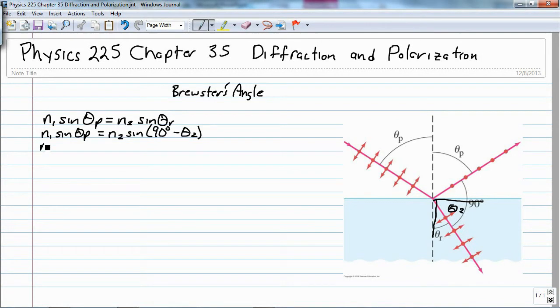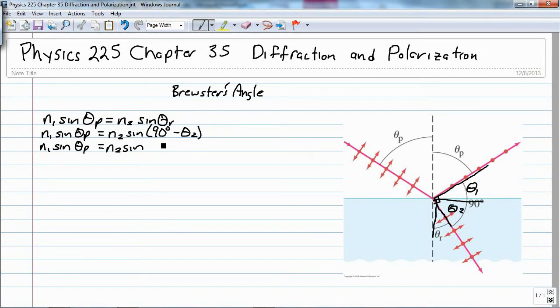Now again, theta 2 is just this angle, and then we have theta 1, and these two make up 90 degrees.